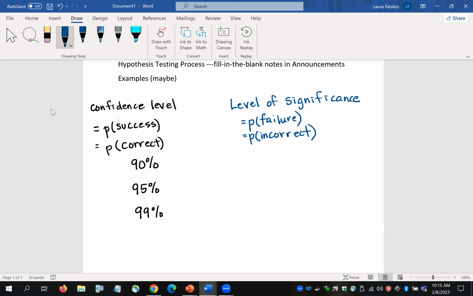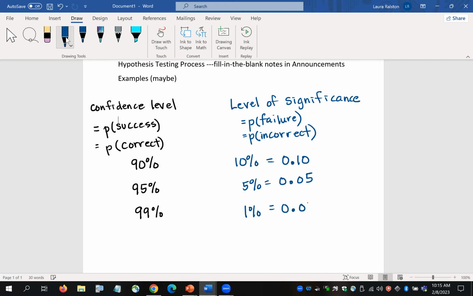So if the confidence was 90%, the level of significance was 10%. If the level of confidence is 95%, the significance level is 5%. And 99%, the level of significance would be 1%.